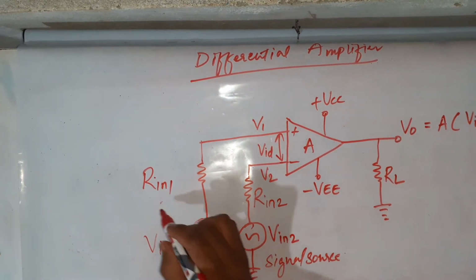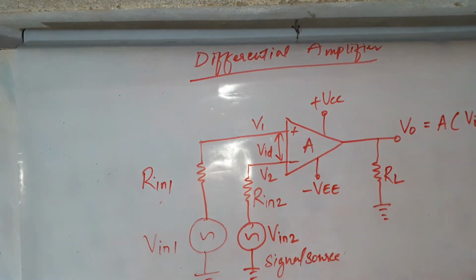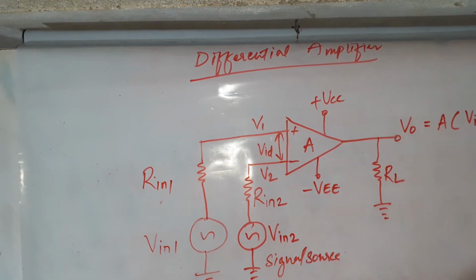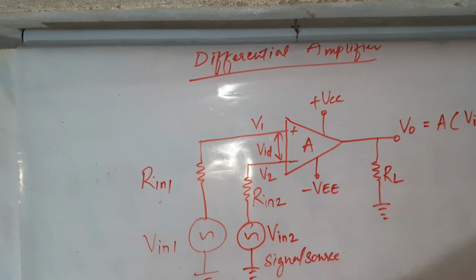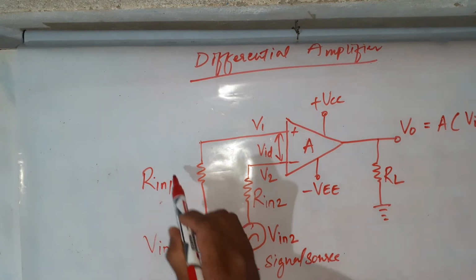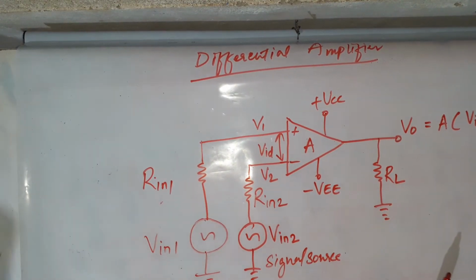Okay, this R in 1 and R in 2 are resistances, normally negligible compared to input resistance, and these are source resistances. Okay, as you know, the internal resistance of op amp offered is very high, right? So these two resistances can be neglected because those are very small, and those are source resistances. Okay.